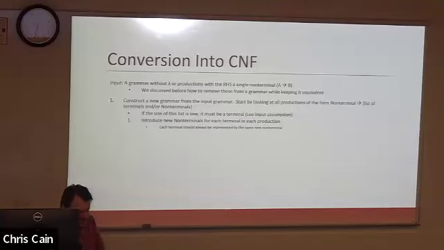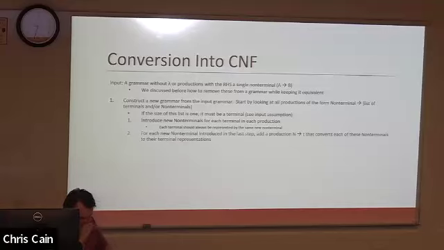So every terminal should always be represented by the same new non-terminal. For each new non-terminal we introduce, we're going to add a new production, as I just talked about: the non-terminal arrow a terminal, which converts each of the non-terminals into their final terminal representation.